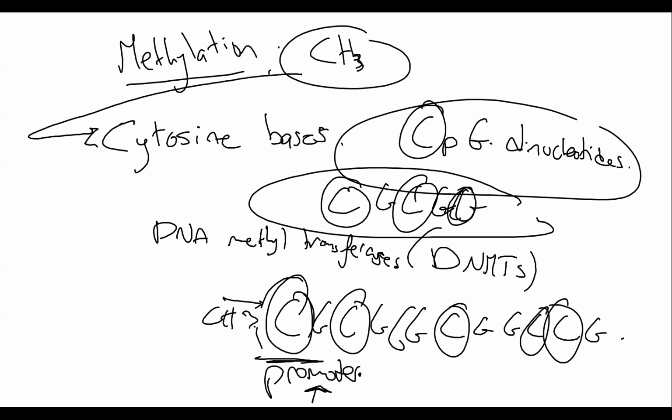And so this methylation of the cytosine on the promoter of the gene will lead us to a condensed chromatin. If the chromatin is condensed, it means it's super complex.